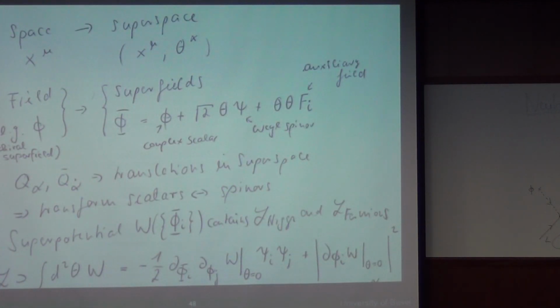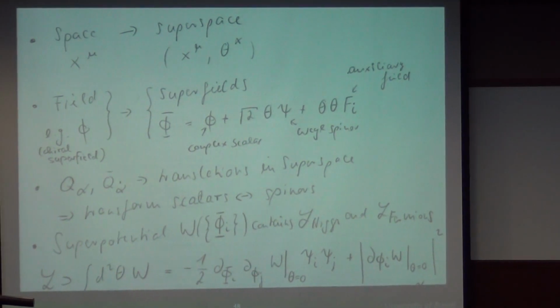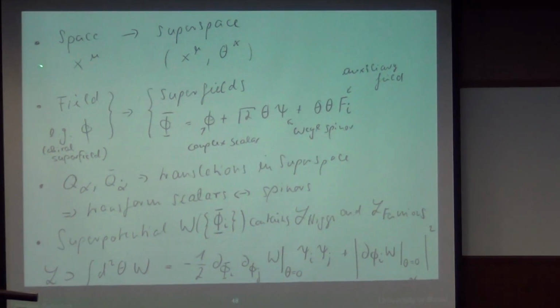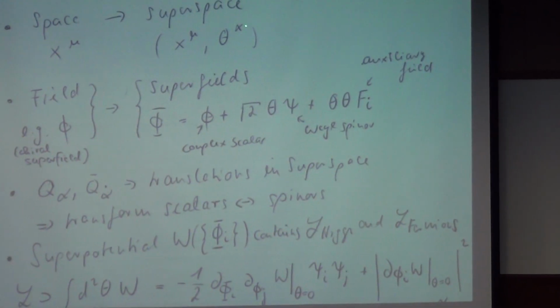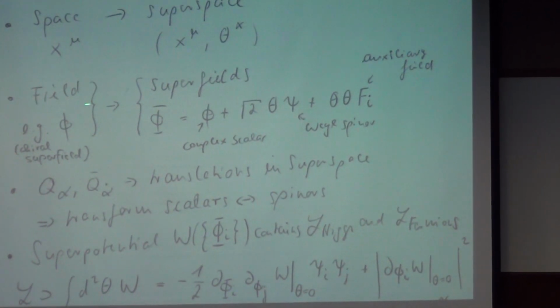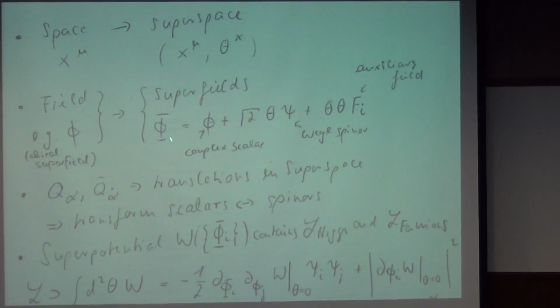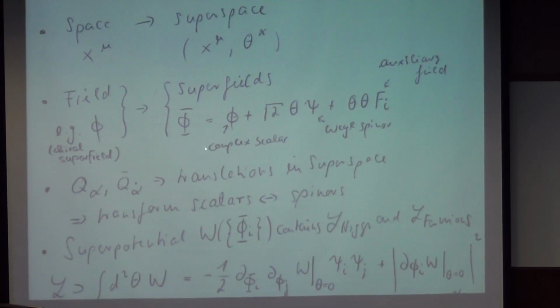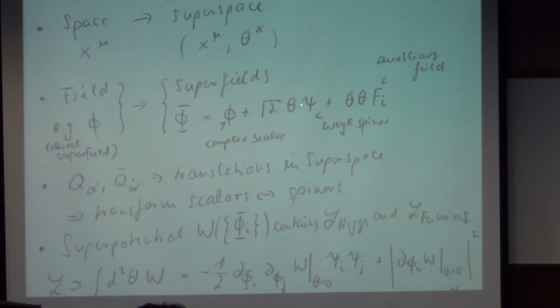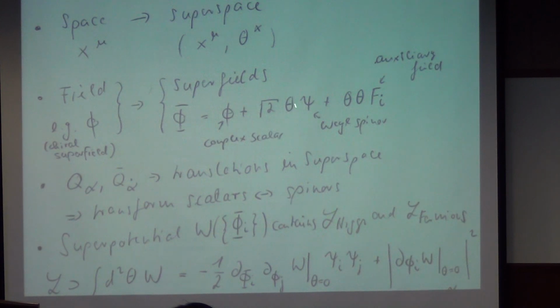Okay, now what this means is that you extend space to a superspace. So in addition to the four-dimensional Minkowski space coordinates, you also have some coordinates of superspace, and your fields will be promoted to so-called superfields, which means they have, for instance, a scalar field as the first component, and then a spinor field, a two-component spinor, that's a projected four-component Dirac spinor.